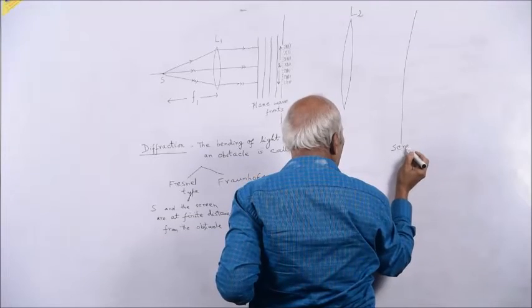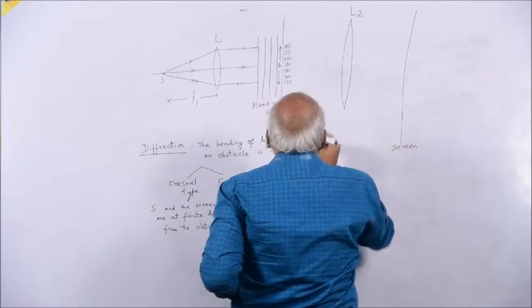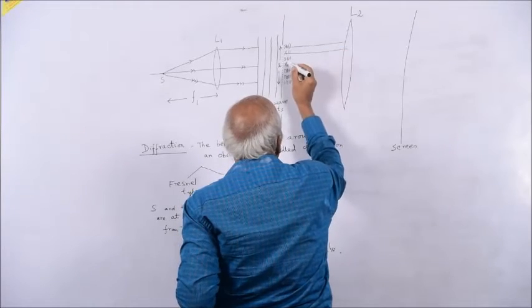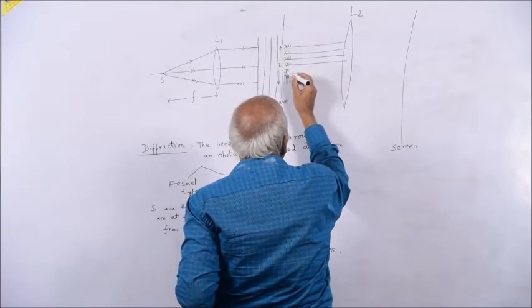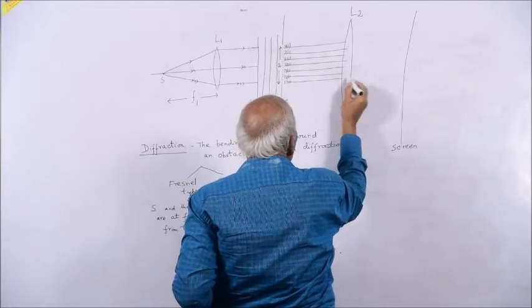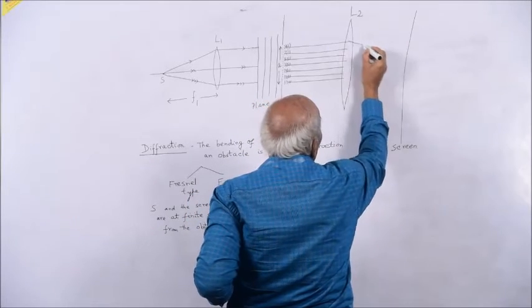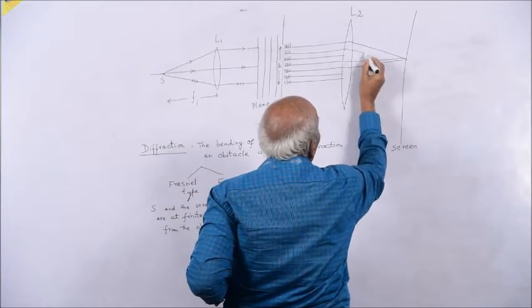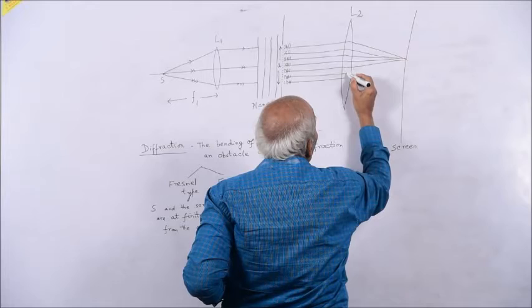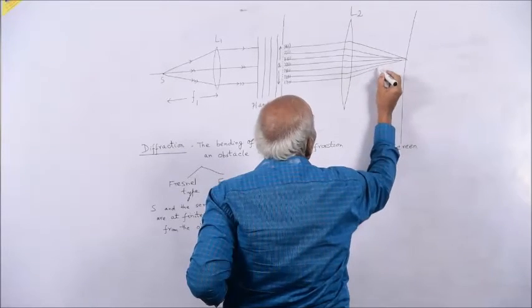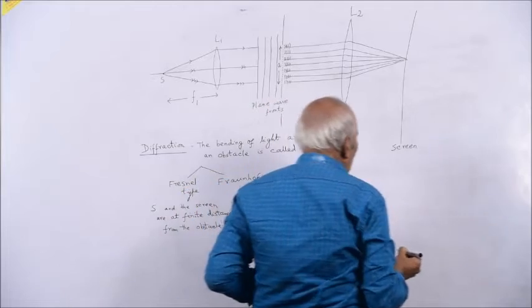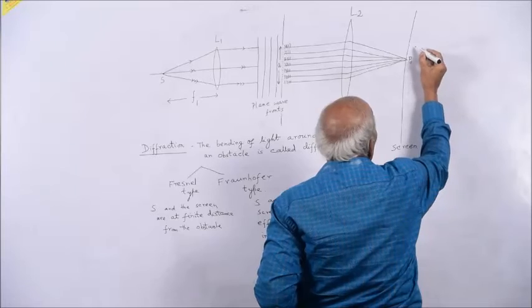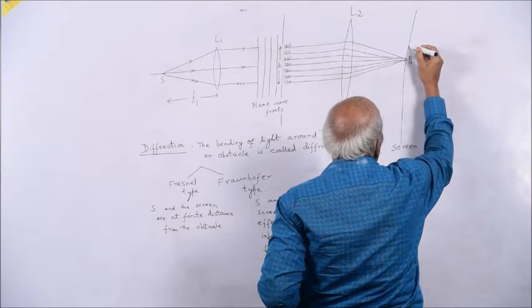This is a screen, and those which move horizontally parallel to each other superpose and converge near the point P0, not exactly P0.